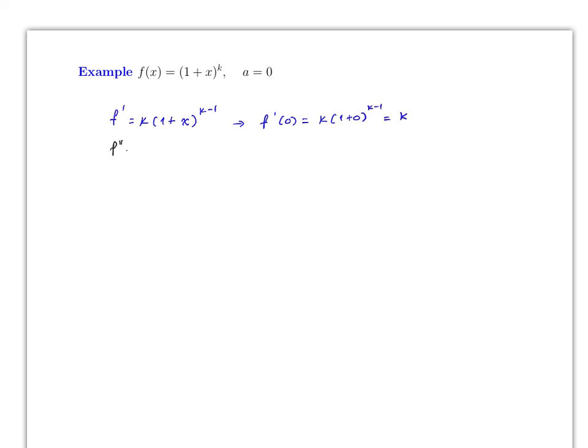Then f double prime is going to be k(k-1)(1 + x)^(k-2). So obviously f double prime of 0 is going to be k(k-1). And hence the triple prime is going to be k(k-1)(k-2)(1 + x)^(k-3).